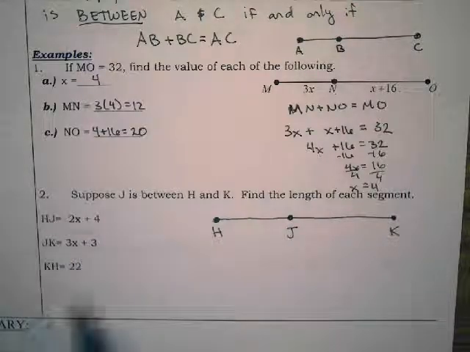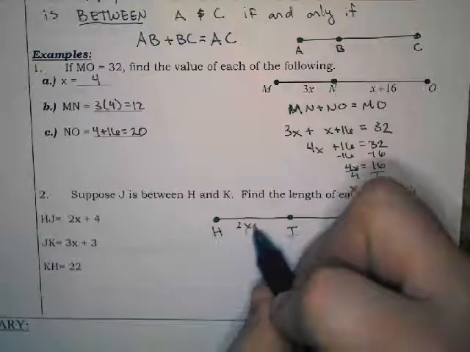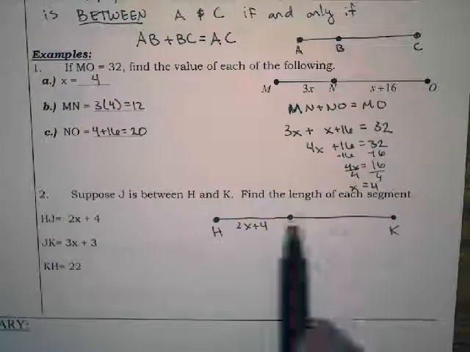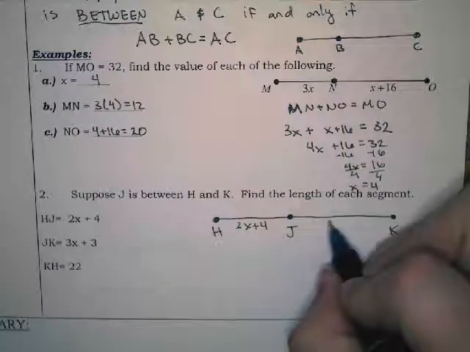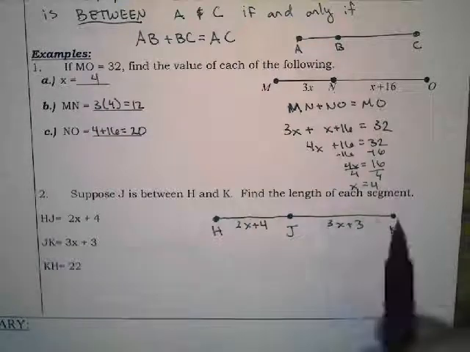So now let's start labeling things. Well, HJ is 2x plus 4. And then JK, J to K, is 3x plus 3. And then the entire thing from one end to the other is 22.